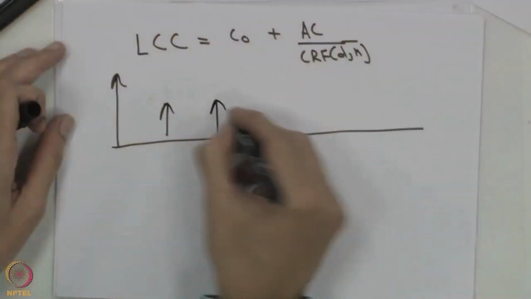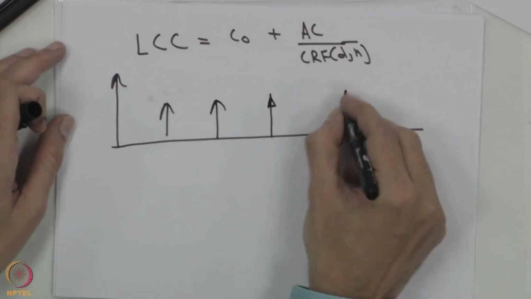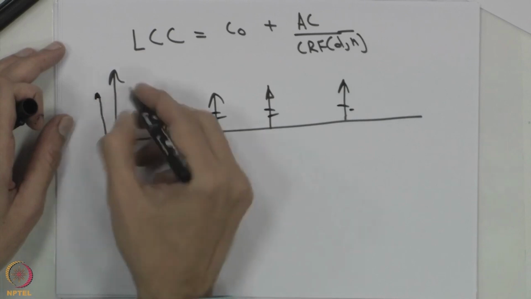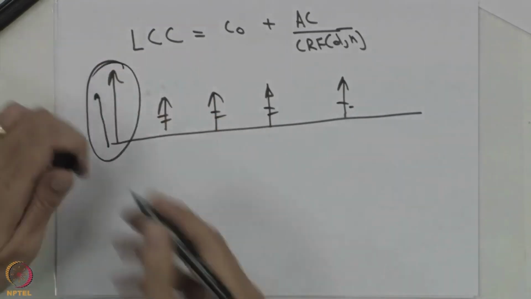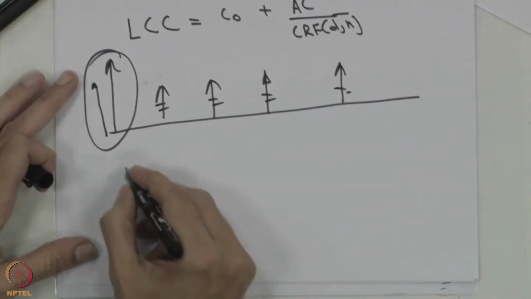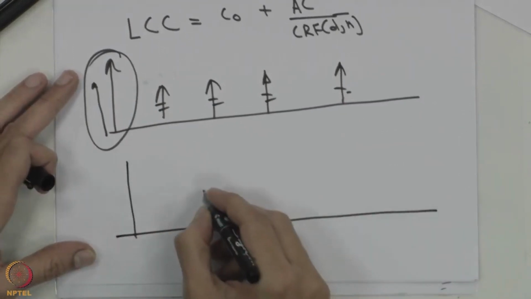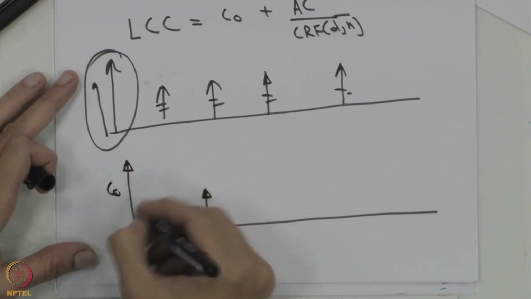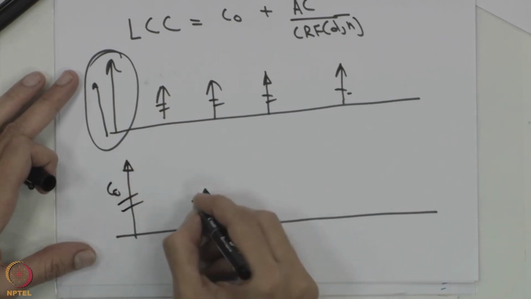Instead of taking the life cycle cost, where we took all of these annual costs and replaced them by an equivalent upfront cost and added these two, we could do the reverse: take an annual cost which is constant, take the C0 and replace it by an equivalent annual cost.